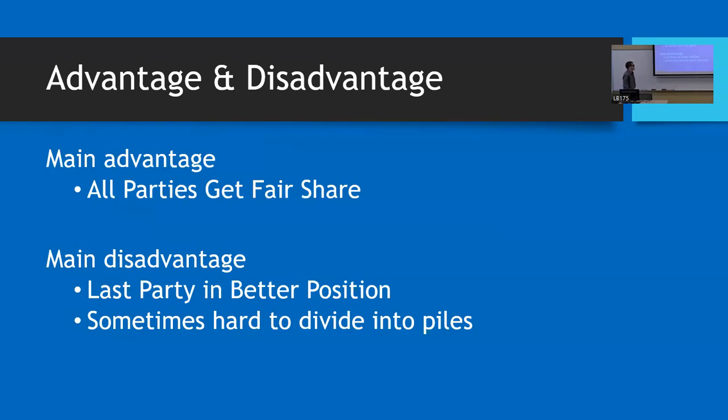And in all of those, the main disadvantage to these divider chooser methods is that the last person to act, the chooser, is in the better position. So if it's two people, the person who chooses is in the better position. If it's the last diminisher method, the person who's at the end of the line is in the best position.